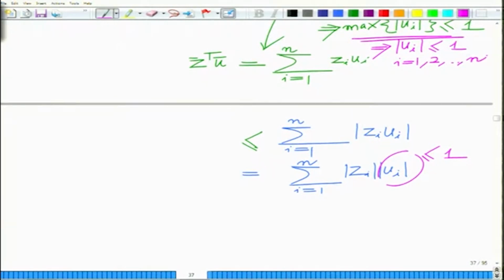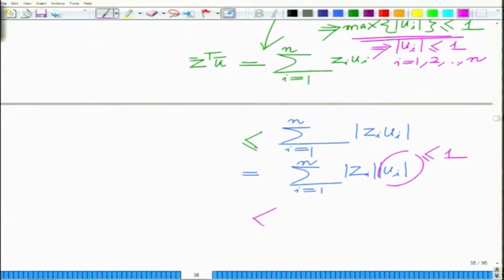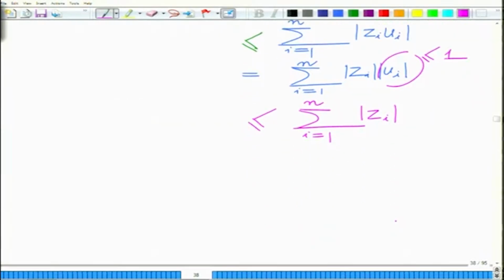Since the maximum itself is less than or equal to 1, the magnitude of each component of the vector u bar has to be less than or equal to 1 naturally, since the L infinity norm is less than or equal to 1. And that gives us a very interesting expression. So, this is less than or equal to the summation i equal to 1 to n of magnitude zi, and so that gives us the expression that z bar transpose u bar is less than or equal to the summation of magnitude zi.